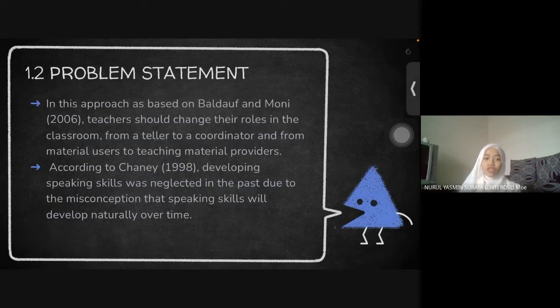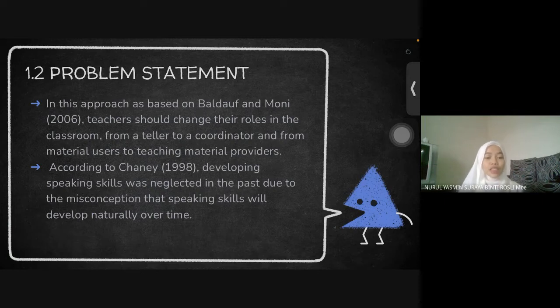All right. So the problem statement for this research proposal, in which in this approach, based on Baldauf and Morning 2006, teachers should change their roles in the classroom from a teller to a coordinator, and from material users to teaching materials provider.